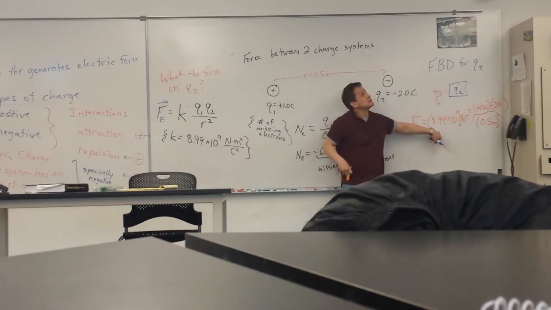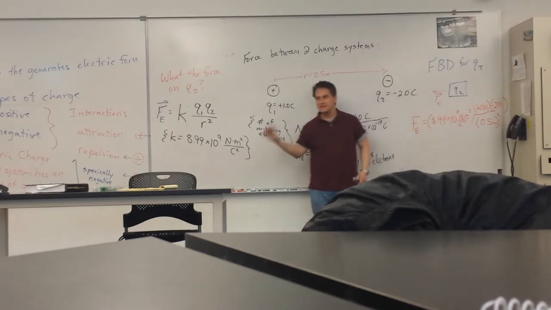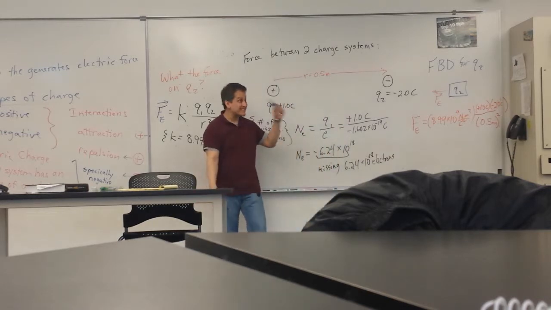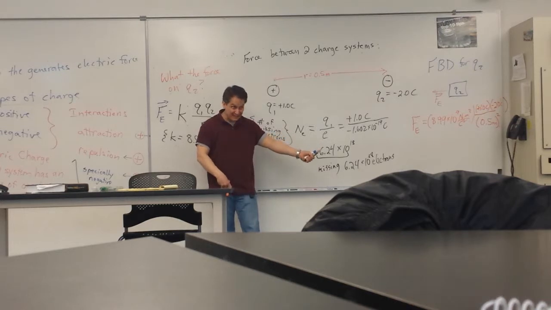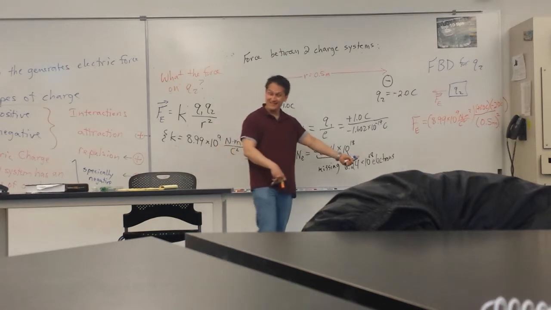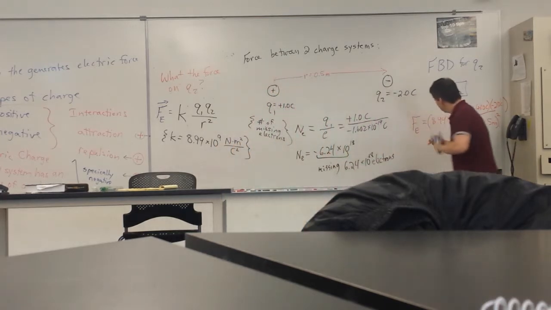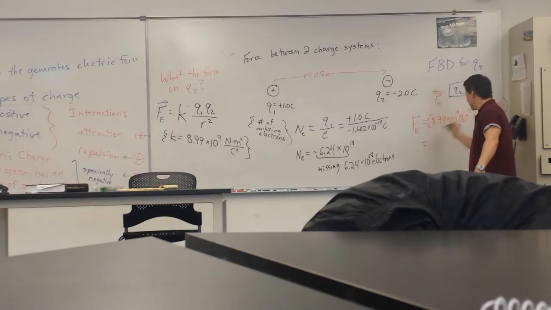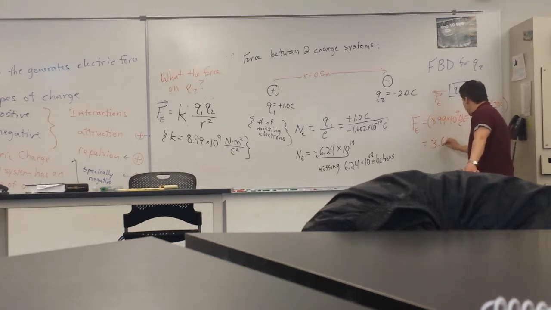Or, yeah, 0.5, 0.25, the inverse, it's 4, 4 times 2, 8, 8 times 9, 36 times 10 to the 9, so 3.6 times 10 to the 10th newtons. We can fudge with that a little bit, 3.6, 3.5, whatever, but it's about 3.6 times 10 to the 10th newtons.